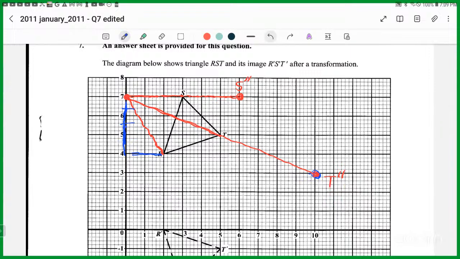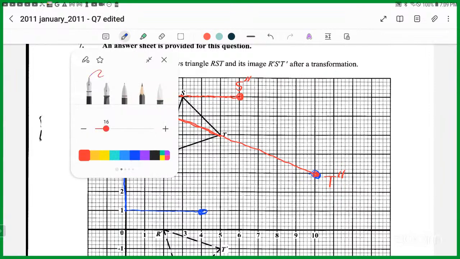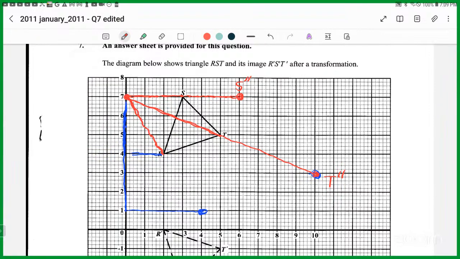So you double that to 6 down, 4 across. 1, 2, 3, 4, 5, 6 down, and 1, 2, 3, 4 across. This distance is doubled down to there. So right here is where R double prime is.